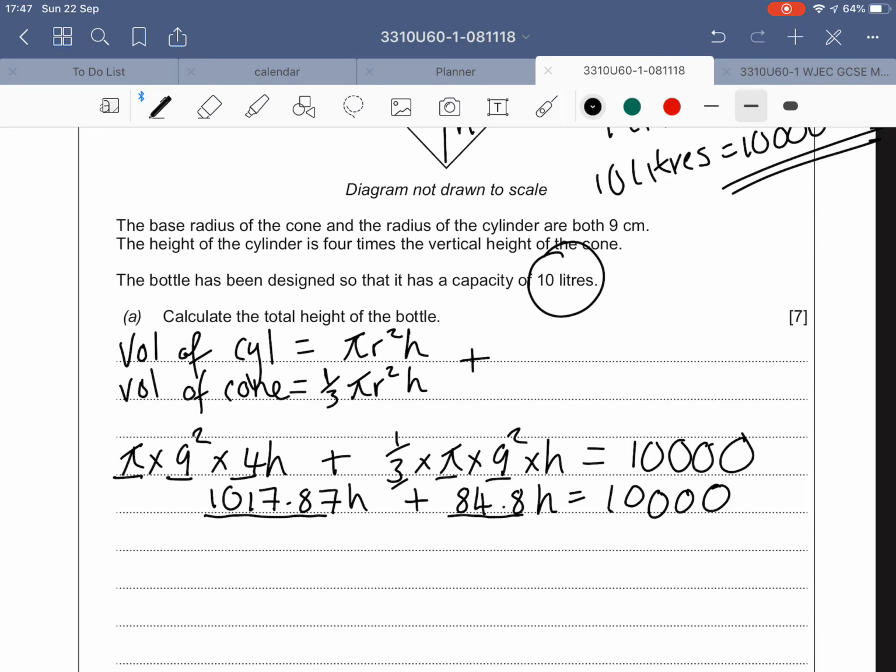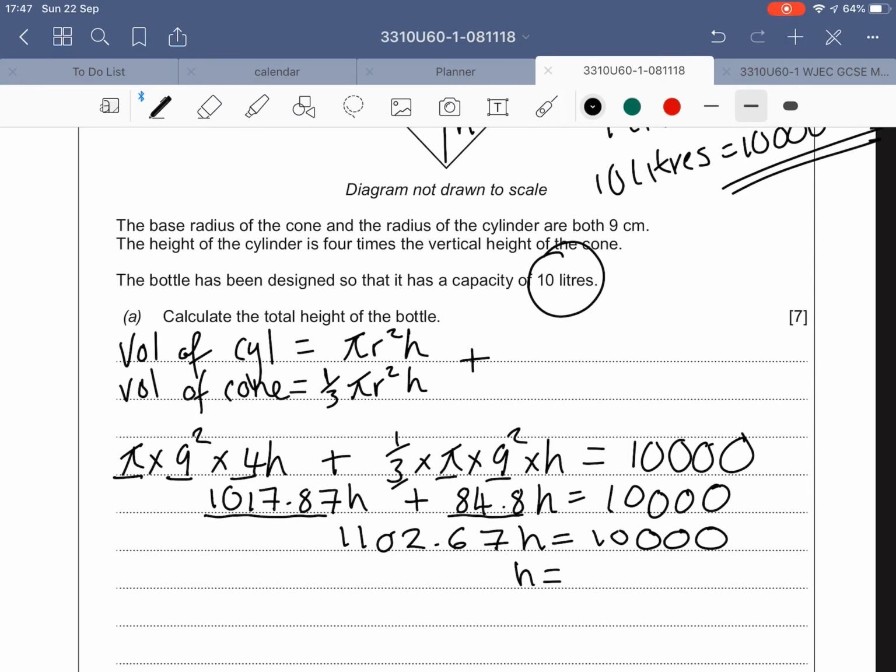So 1017.87 plus 84.8 is 1102.67. h is 10,000. So to work out h, just 10,000 divided by the 1102, which is 9.0688.